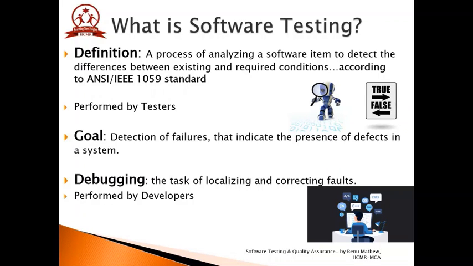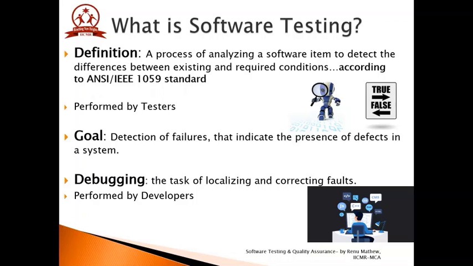So software testing aims at detection of failures that indicate presence of defects in the system. It helps in identifying the defects in the system during the debugging process. I hope you all are familiar with the term debugging, which you have performed most of the times while executing a piece of code or a project.